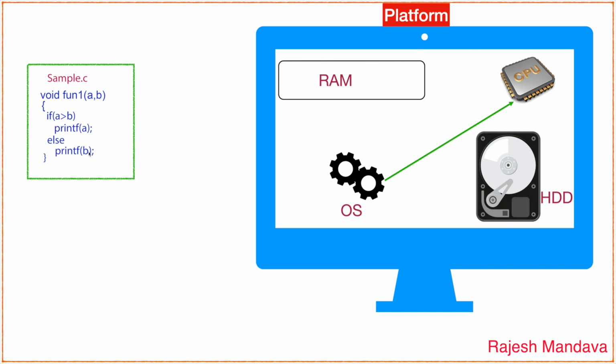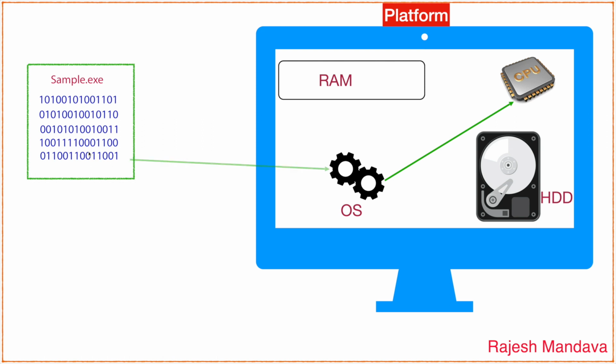So when my aim is executing this C program, I have to give it to the operating system after converting that C program into machine understandable format. Now I convert the C instructions into my local machine understandable format. This exe file has binary code. It communicates with the operating system, making system calls.